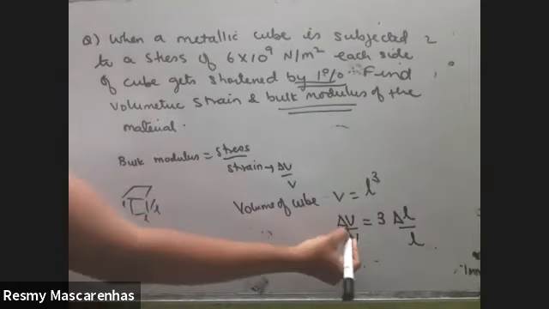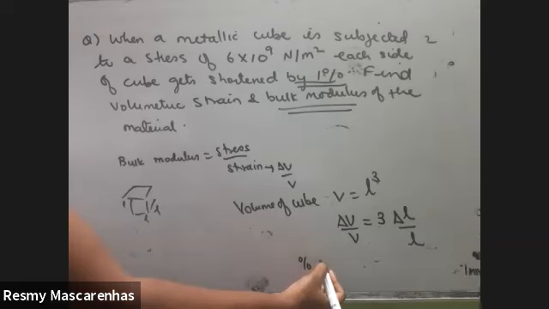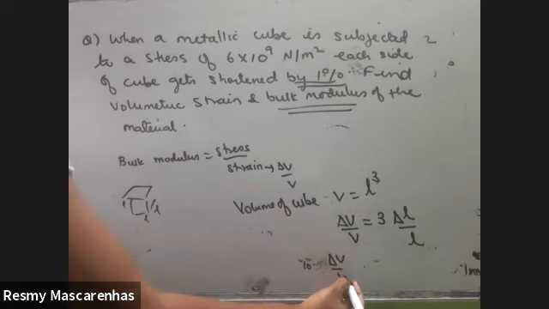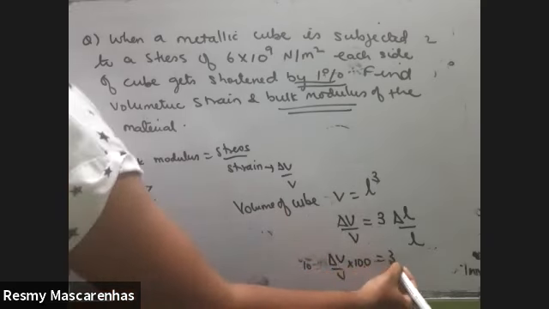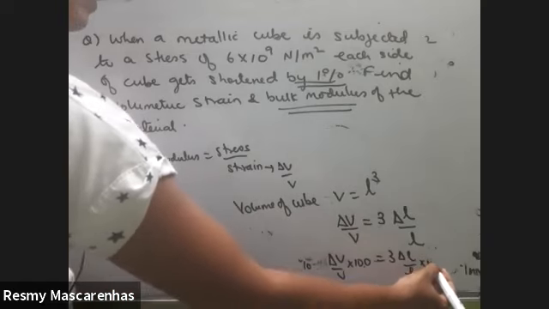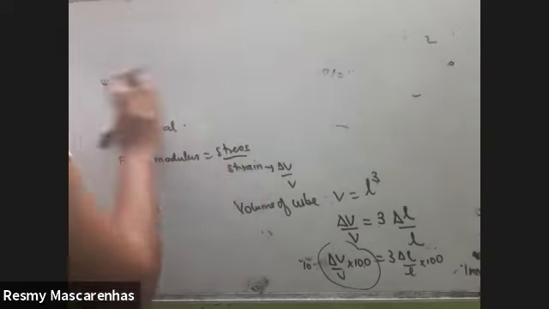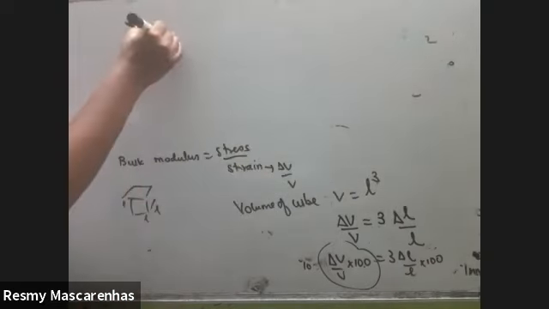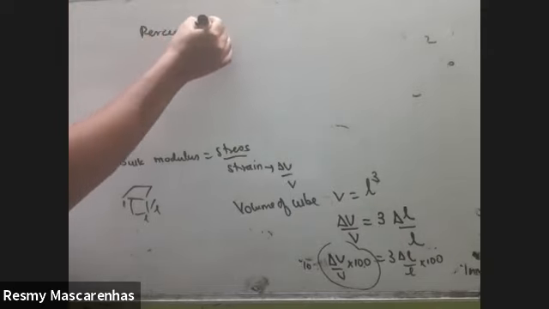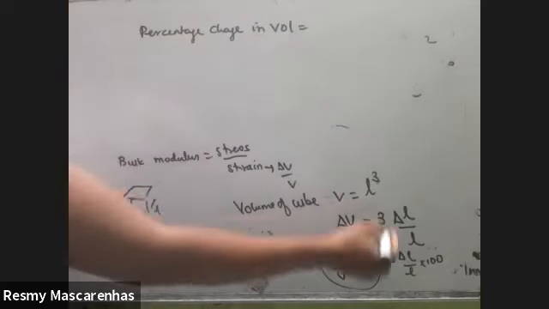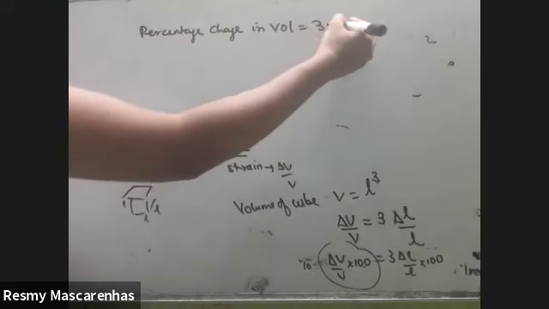So if you see percentage, you just have to multiply it by 100 on both the sides. So this is nothing but the percentage change in the volume. The percentage change in volume is nothing but 3 times the percentage change in length.